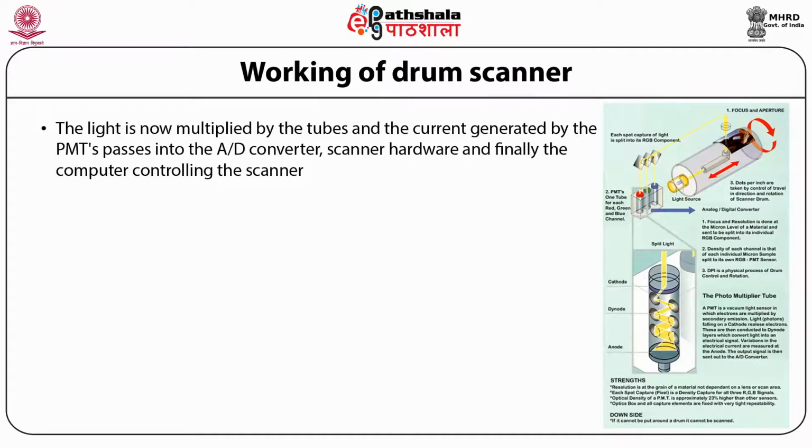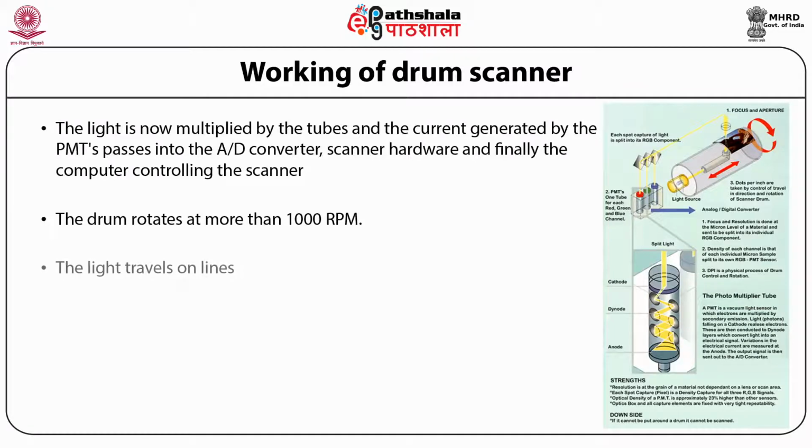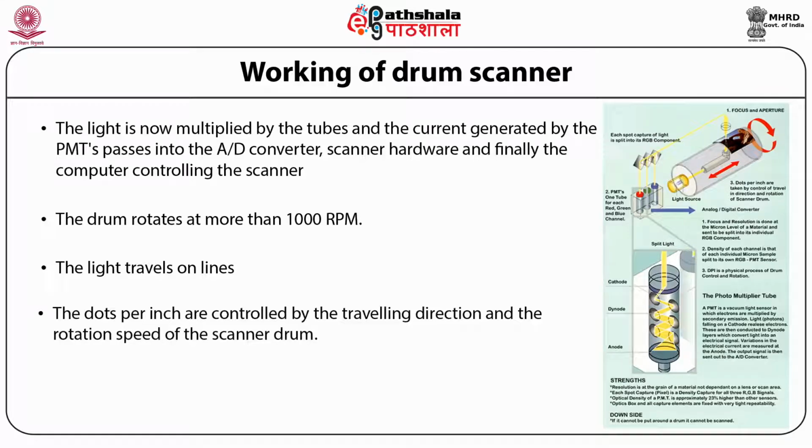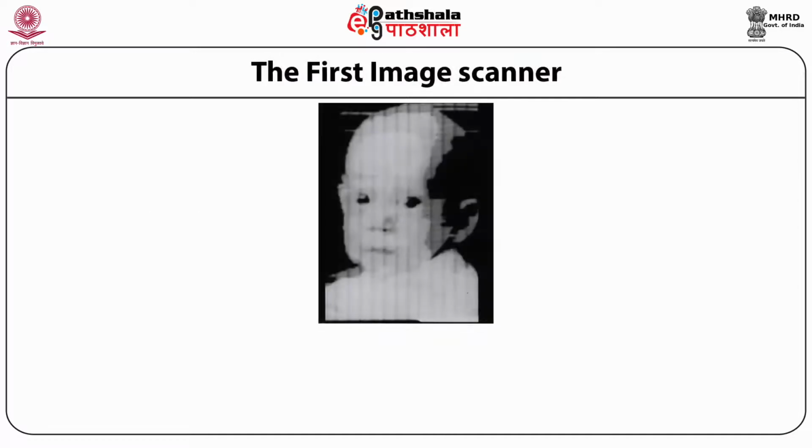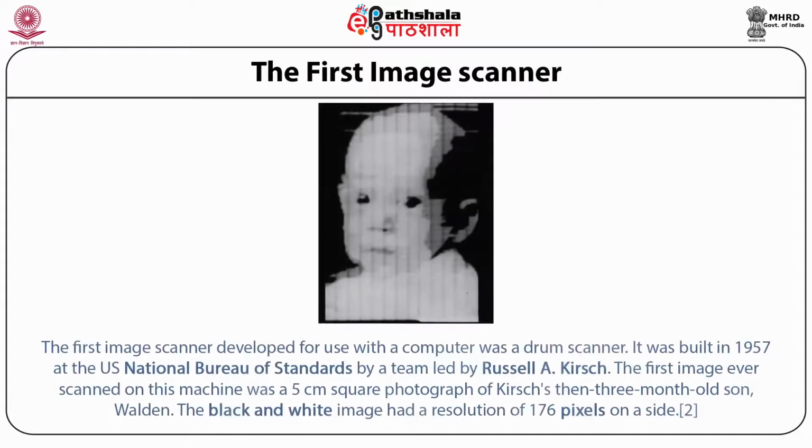In a drum scanner, the drum rotates at more than 1000 RPM and the light travels on horizontal and vertical lines. The DPI is controlled by the rotation speed of the drum and the direction of the light. The higher the rotation speed, the higher the DPI. The first image scanner developed for use with a computer was a drum scanner.